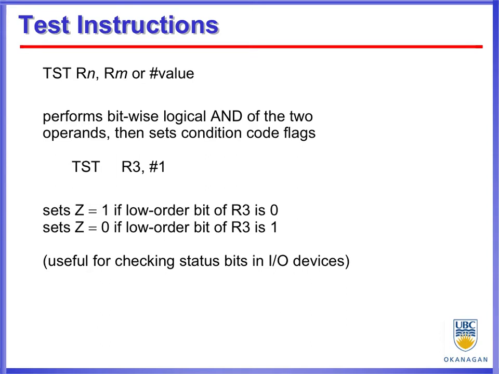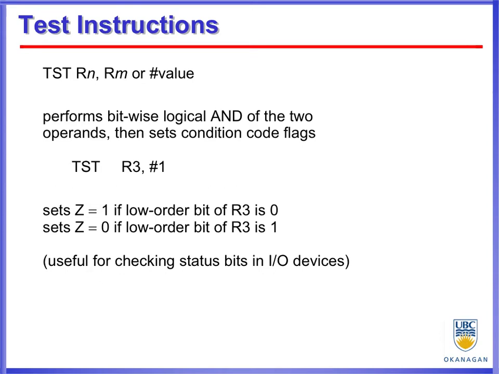You'll recall that when we talked about input-output devices, we said that a keyboard will have a register in it called the keyboard status register. And when somebody has pressed a key on the keyboard, the keyboard will update that bit in the status register and set it equal to a 1. Now the CPU, when it's polling the keyboard, will read that status register in the keyboard, and it will then check whether that bit has been set to a 1 or not.